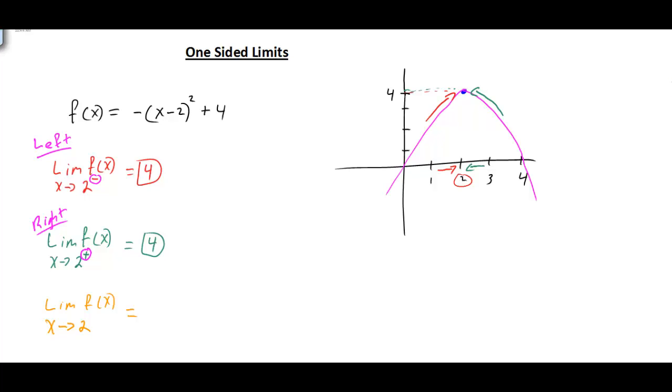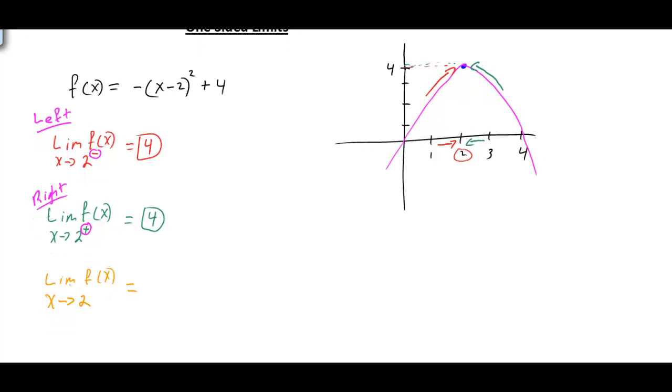And down here in orange, we have the limit of the function as x approaches 2. If you notice, there's no plus or minus in the exponent. So that tells us that we're looking at the limit from both sides. Okay, so we're looking at it as a two-sided limit.